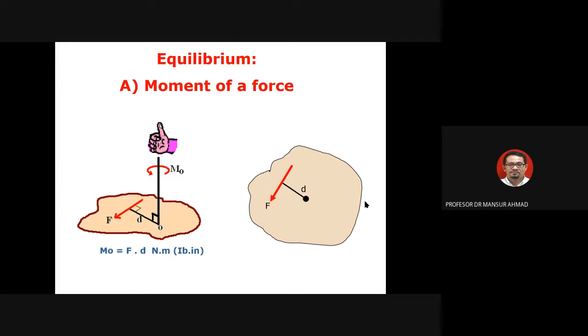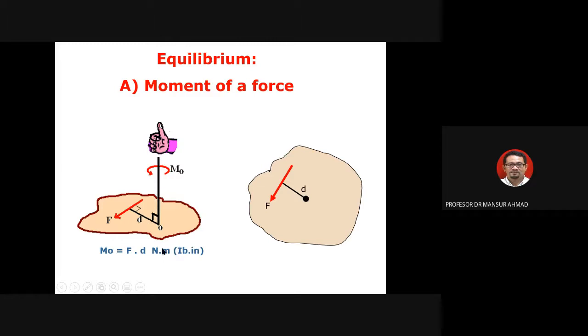So let's look at this diagram. Take a look at this formula. Moment at a point, any point O, for example, is equal to the force times distance. Daya kali dengan jarak, ya, D is distance.